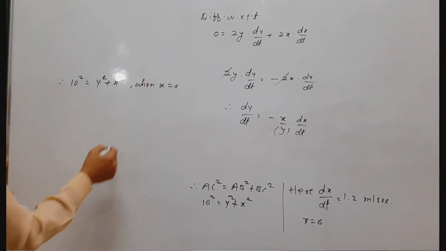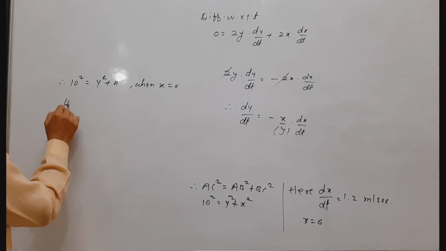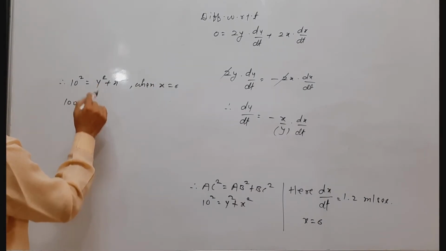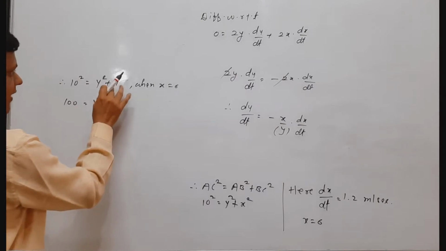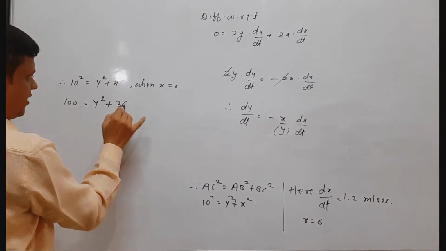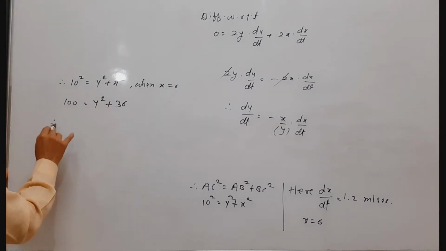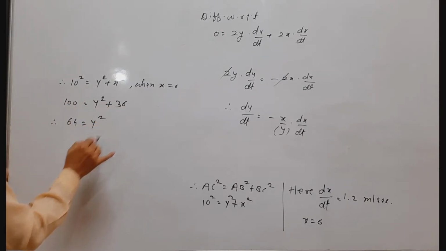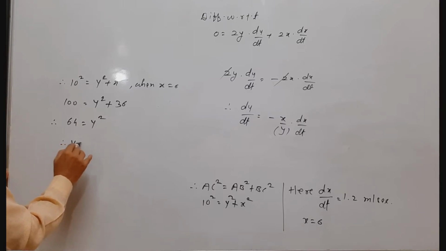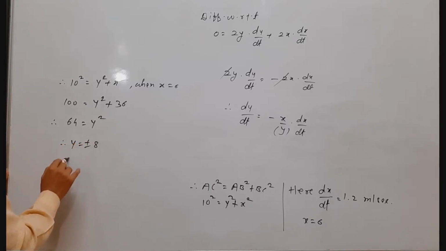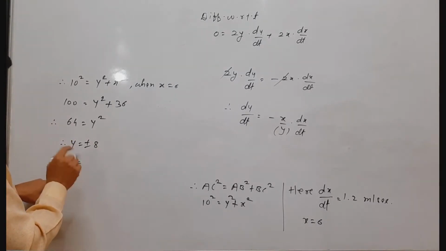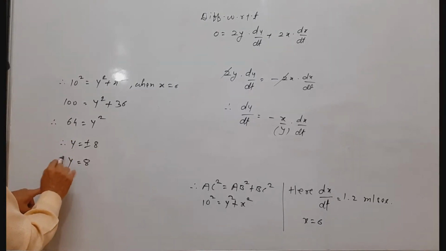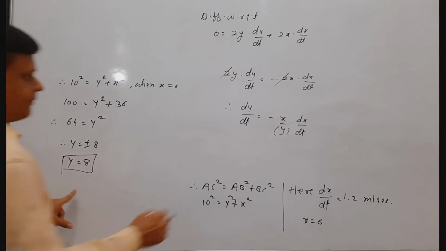So here 100 is equal to y square plus 6 square, so we write 36. Therefore 100 minus 36 we get 64. So y square equals 64. Therefore y is equal to plus or minus 8. But we require the height of a wall, and the height of a wall is positive. So we take y is equal to 8.